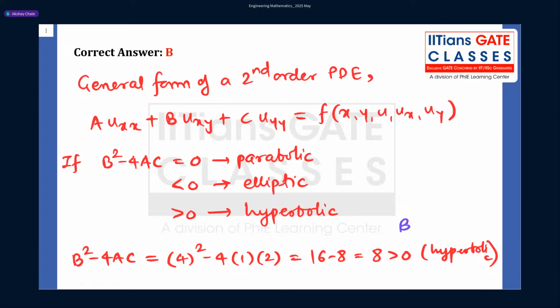The underlying assumption is you had attended my classes, and if you had properly revised these concepts throughout the course of your preparation, this is not a very difficult question, to be honest with you. But if you had not followed thorough repetition or revision, then some students would have lost these easy marks.